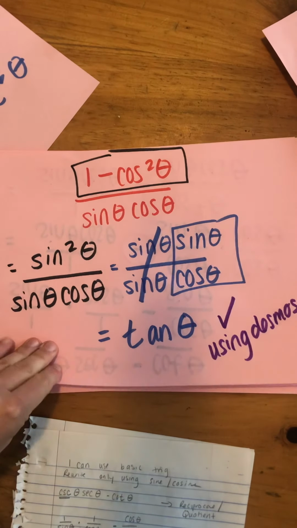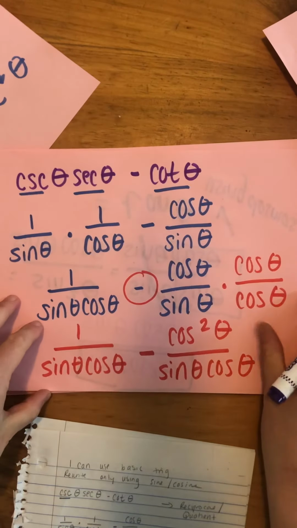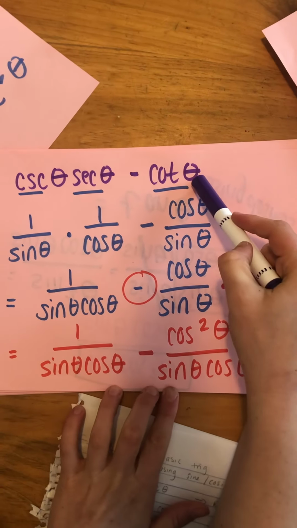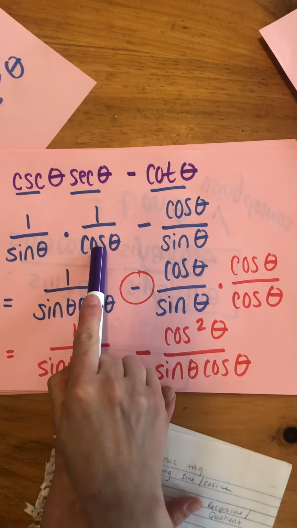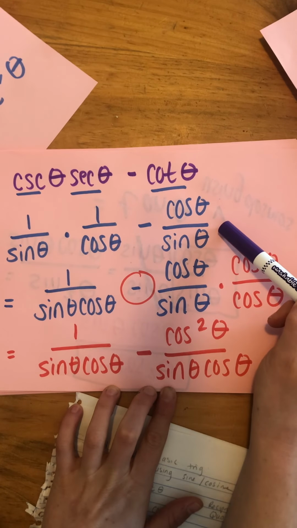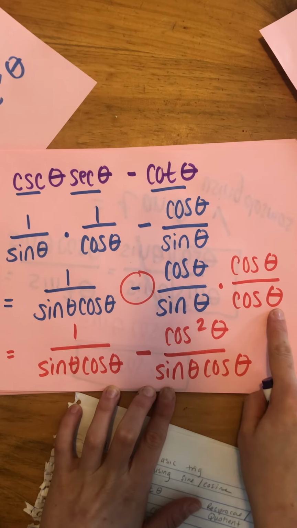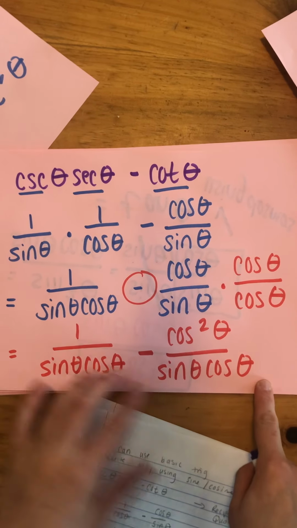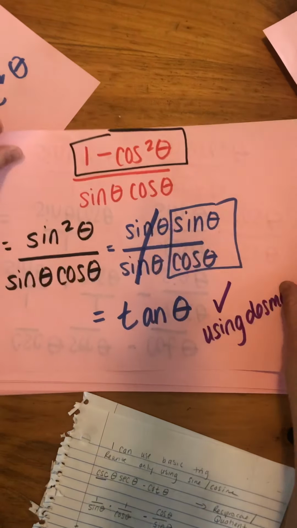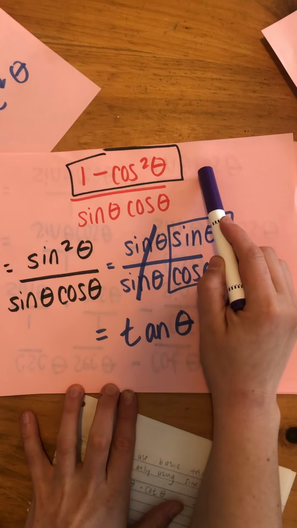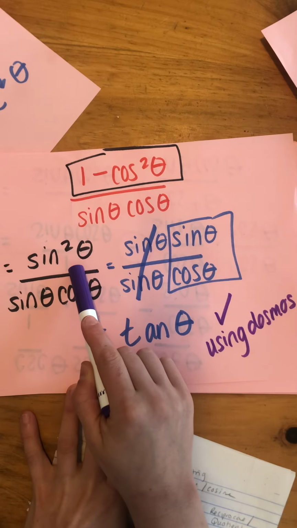So we started with cosecant secant minus cotangent. We used the reciprocal rules and the quotient rules to rewrite. We got our common denominators and subtracted. Once we subtracted, we realized that this was really the Pythagorean identity, so we rewrote it as sine squared.